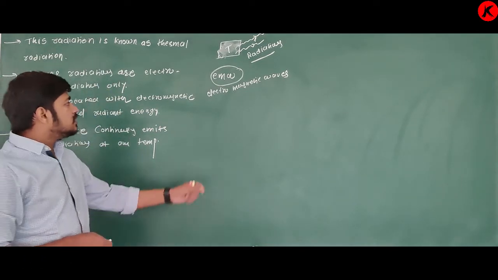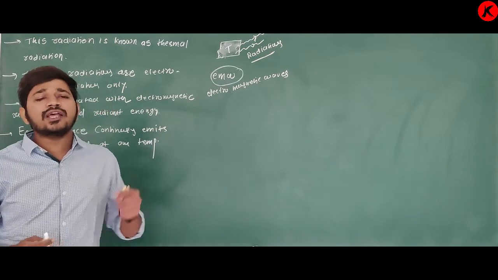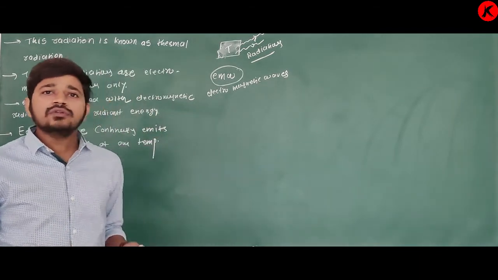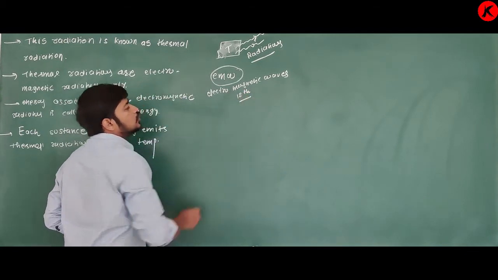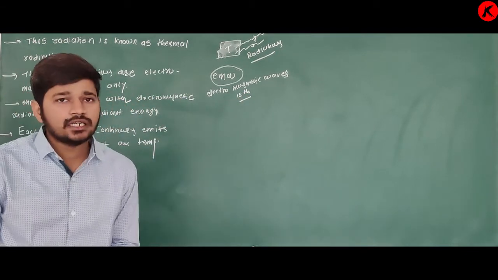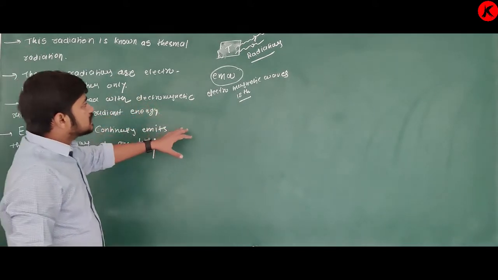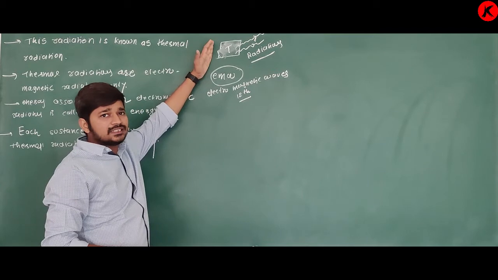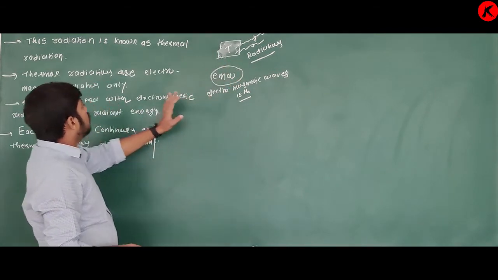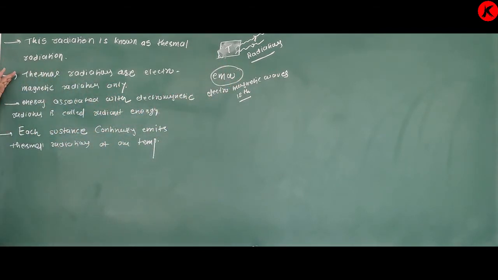The name electromagnetic is given because they produce an electric field as well as a magnetic field. That we will see in 12th in detail. So right now you have to accept this. According to temperature, every substance emits some radiation called thermal radiations, and they are nothing but electromagnetic radiations.